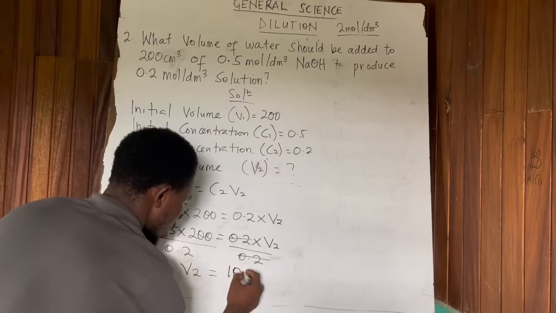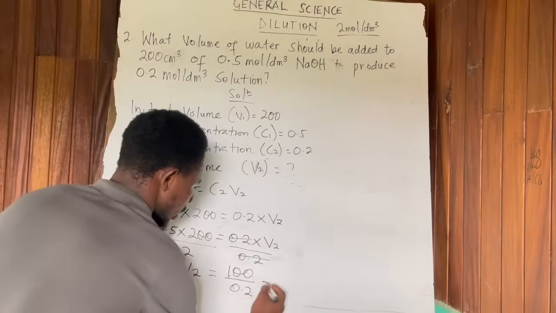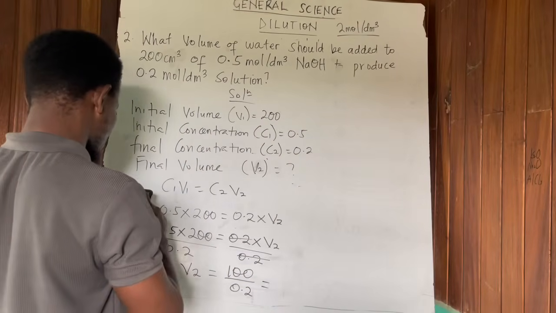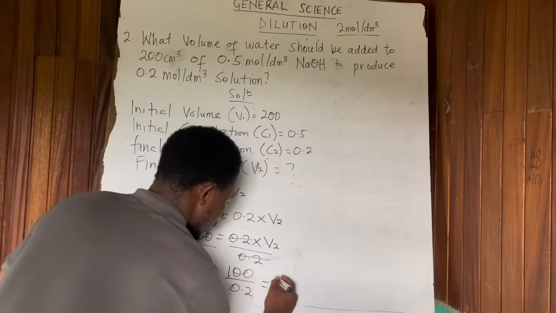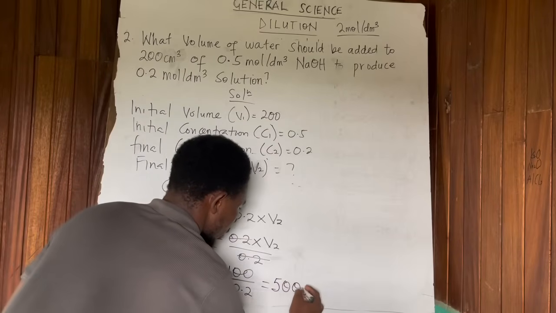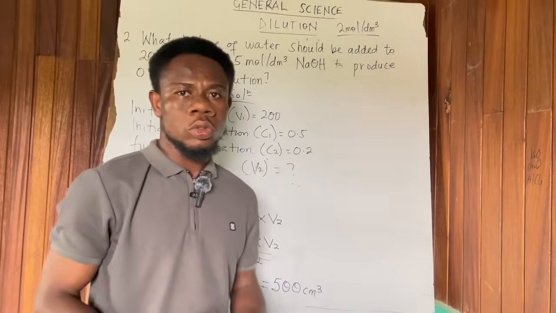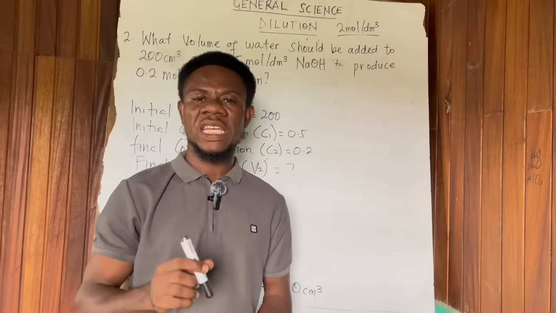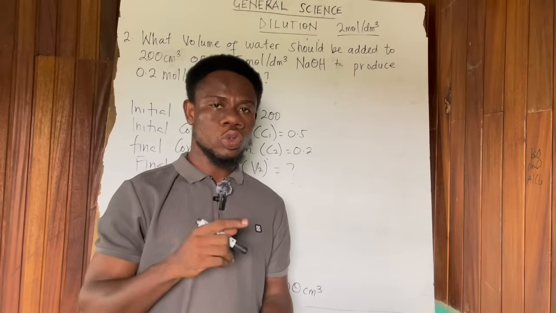So 100 over 0.2, then I get my final volume as 100 divided by 0.2, which is 500 centimeters cube. Now, don't forget, this 500 centimeters cube is our final volume, but not the amount of water which was added to the solution.